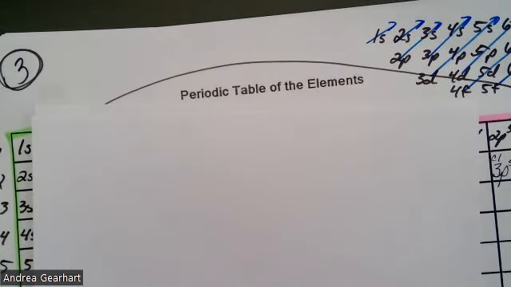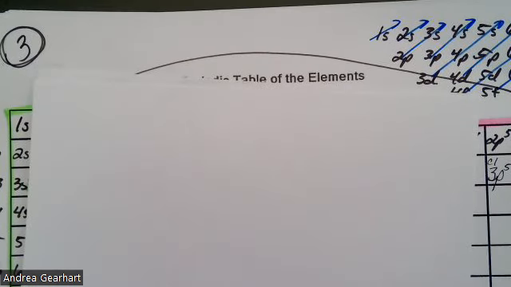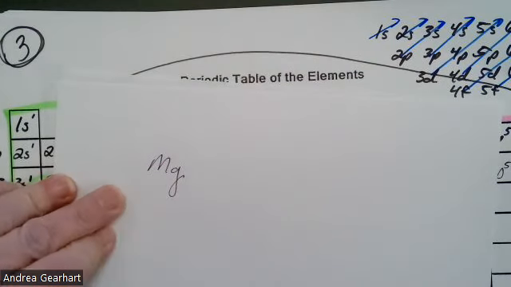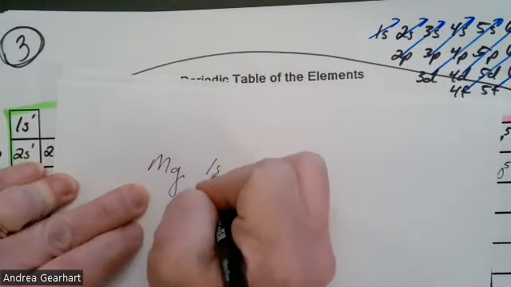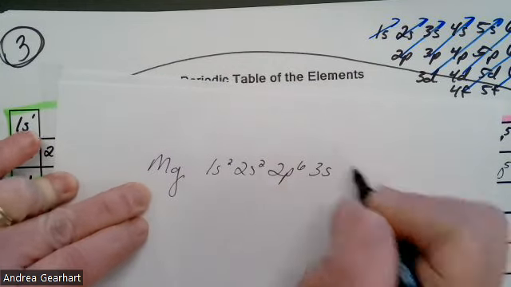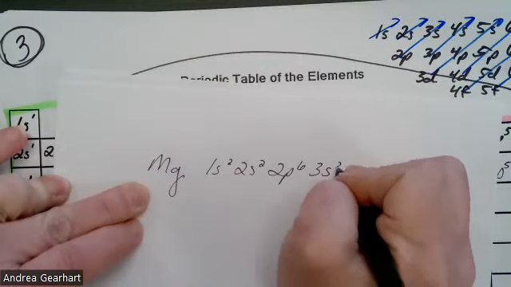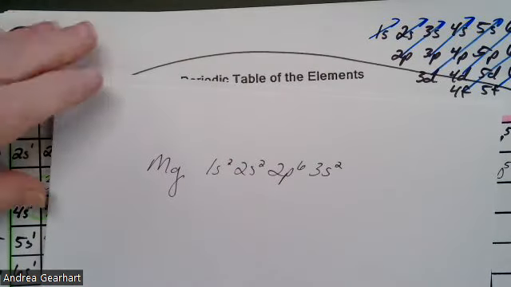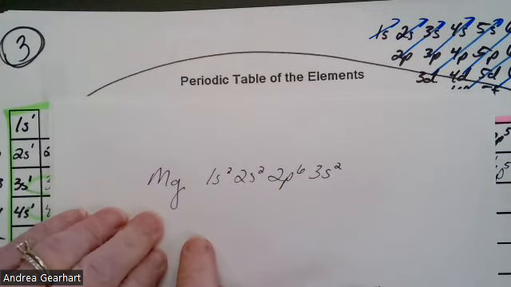Okay. Please just watch what I'm doing. If we would have the electron configuration of magnesium, it is 1s2, 2s2, 2p6, 3s2. Okay. Eddie, how many valence electrons does magnesium have?